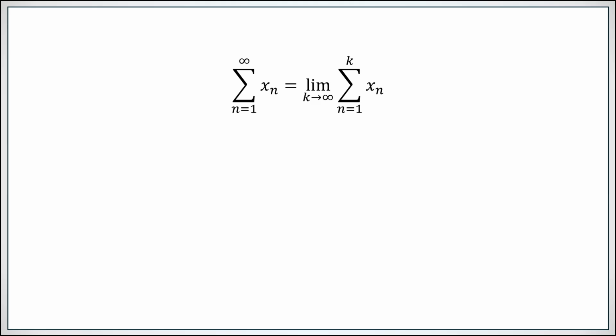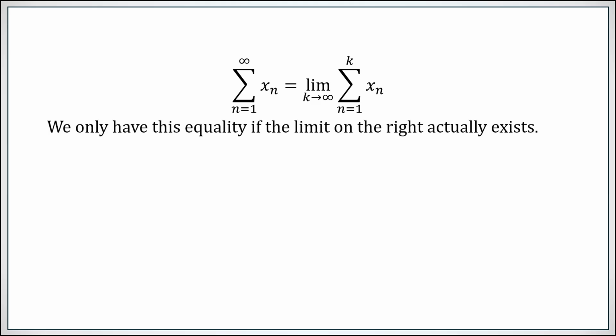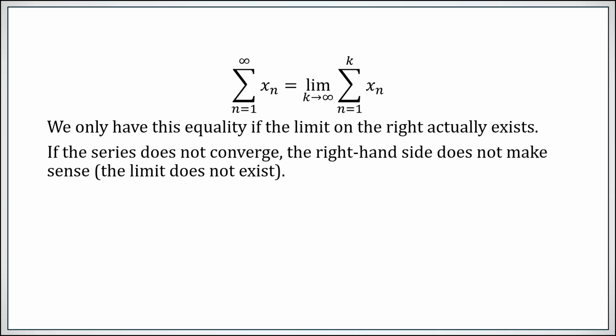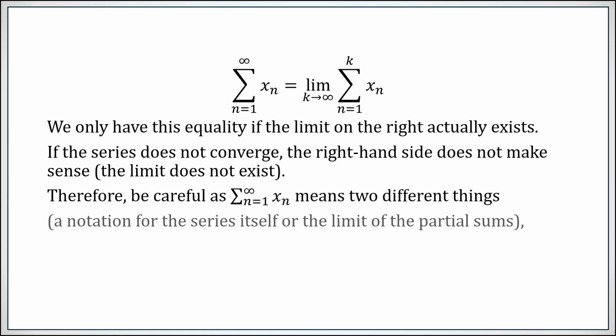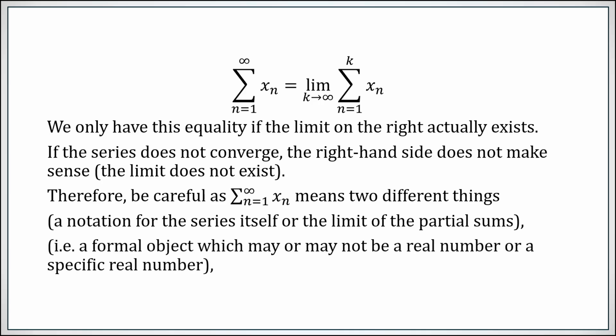Okay, so our definition is that this series is the limit of the partial sums. Now we can only write this equality if the limit on the right actually exists. If a series doesn't converge, the right-hand side doesn't even make sense because there is no limit. So be careful when you write this series notation. It can mean a notation for the series itself, asking does the following converge or not, or you could be specifically denoting the limit of the partial sums.